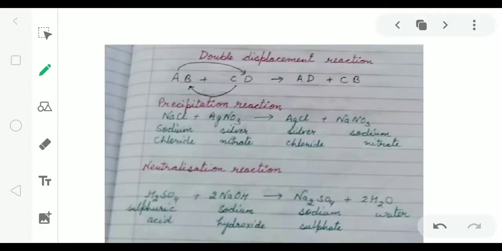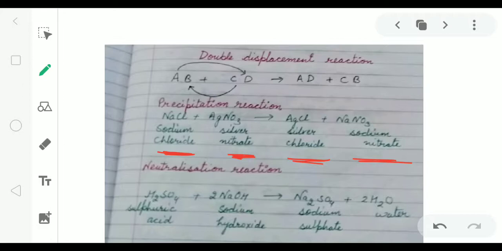For example, if NaCl, sodium chloride, reacts with silver nitrate, silver chloride is formed and sodium nitrate is formed. You can observe, first there is a compound of sodium and chloride. Second compound, silver nitrate, silver and nitrate.